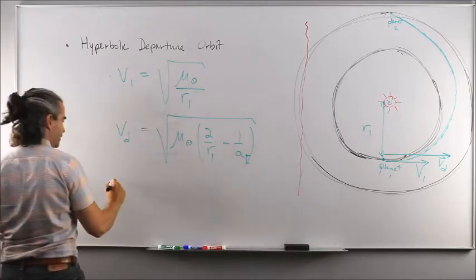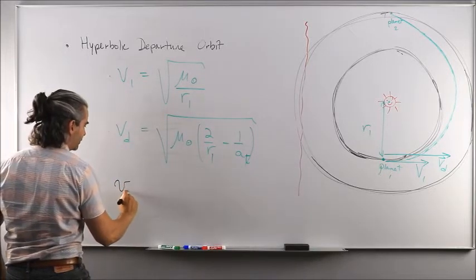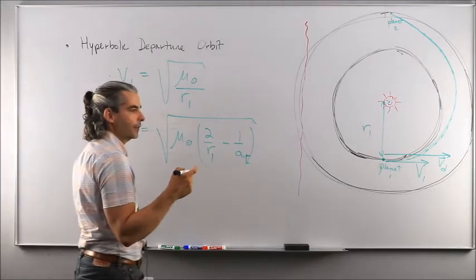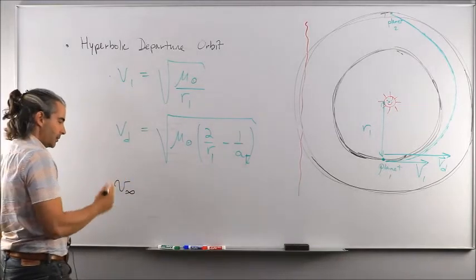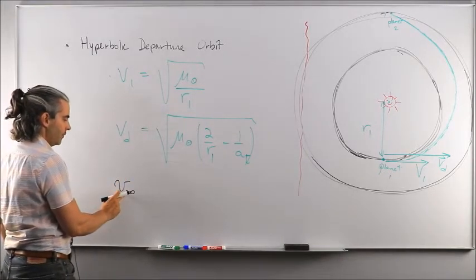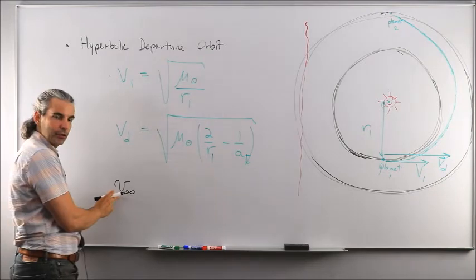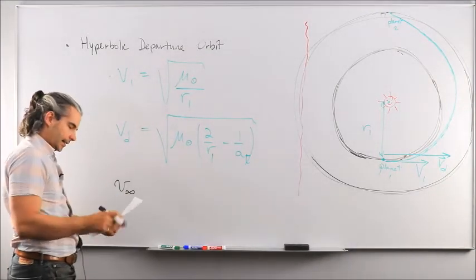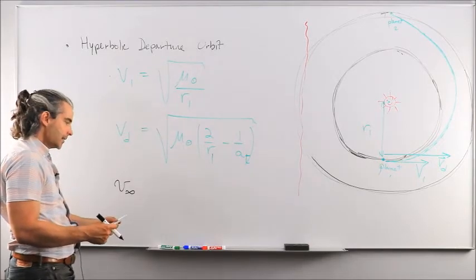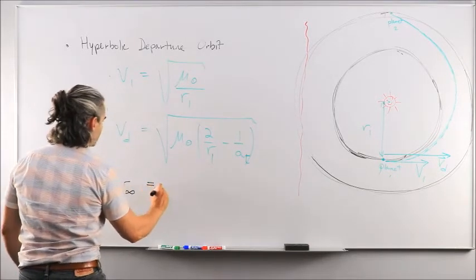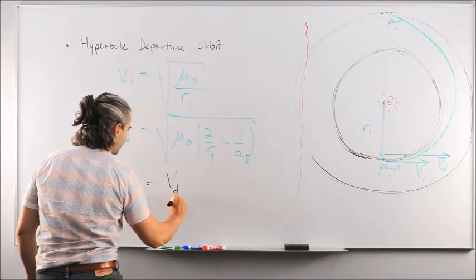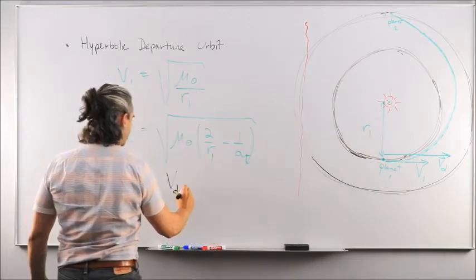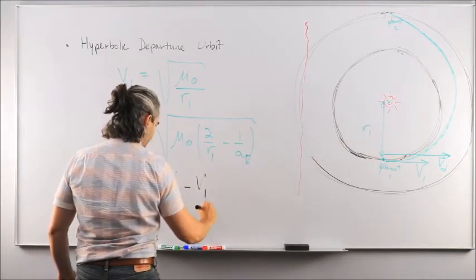But now it means that the spacecraft needs to travel faster than the planet itself, or needs to have a speed, with respect to the planet's point of view, equal to v infinity, which is going to correspond to the hyperbolic excess speed, which is going to be exactly equal to the speed at this point along the elliptical transfer orbit, Vd, minus V1.